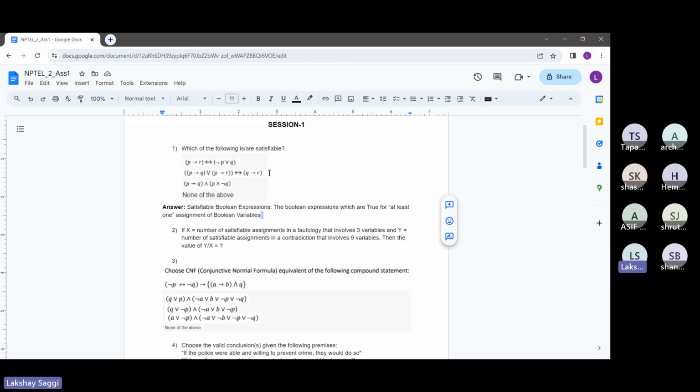Similarly, if it is false for every assignment, then it's a contradiction. Satisfiable Boolean expressions are something in between tautologies and contradictions. Contradictions are always false, tautologies are always true, and satisfiable expressions are sometimes false and sometimes true.